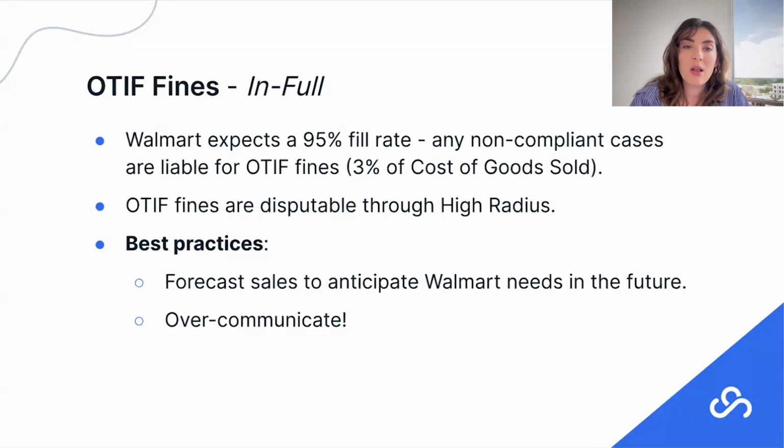And just to call out some best practices within full in particular, obviously forecast sales. If you're having supply chain issues, this was really key, especially in 2022, 2021, 2020. If you're having issues and you're not able to fulfill something in full, obviously this is an overages webinar, so we're actually having the opposite problem.